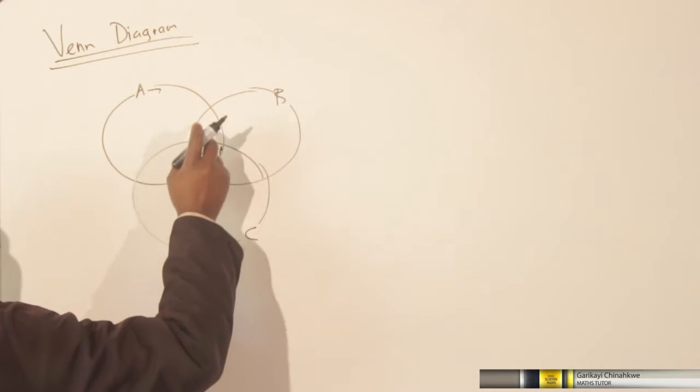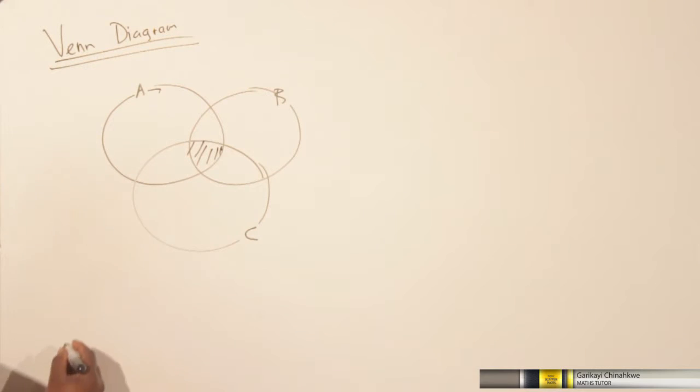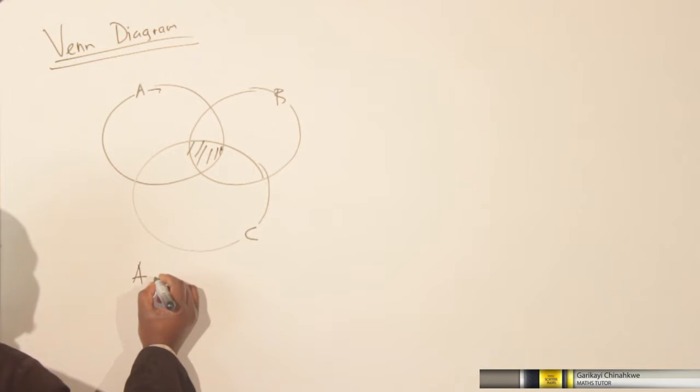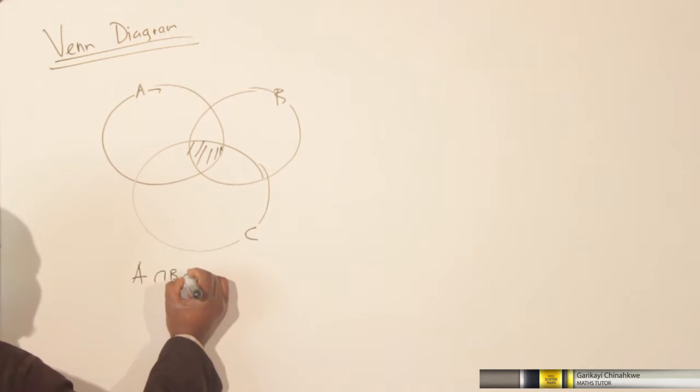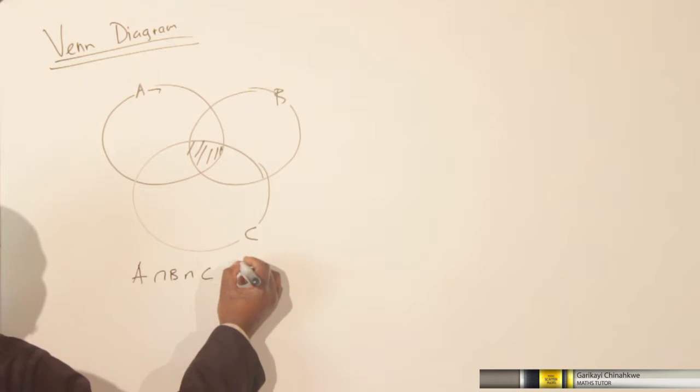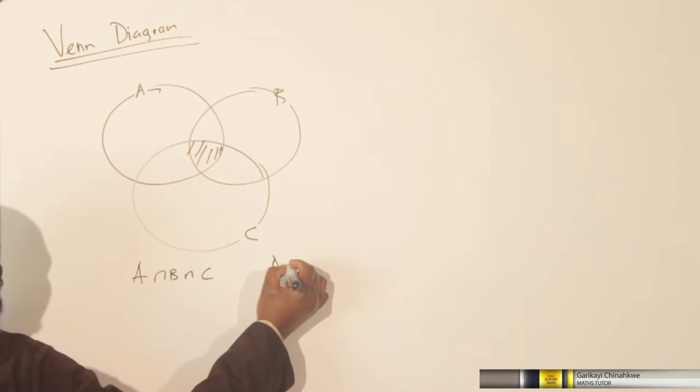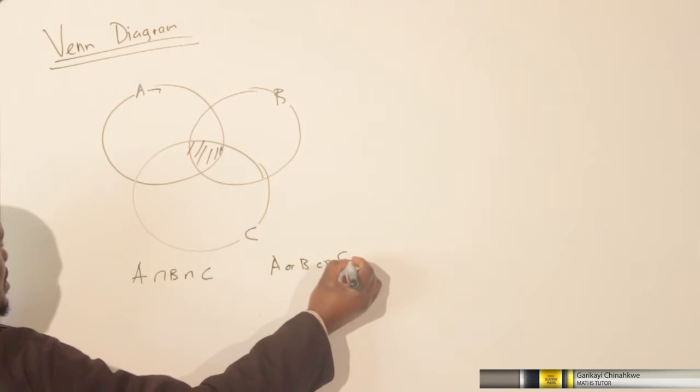Where we find A, we find B, we find C, this is A intersection B intersection C. In other words, we can call it A and B and C.